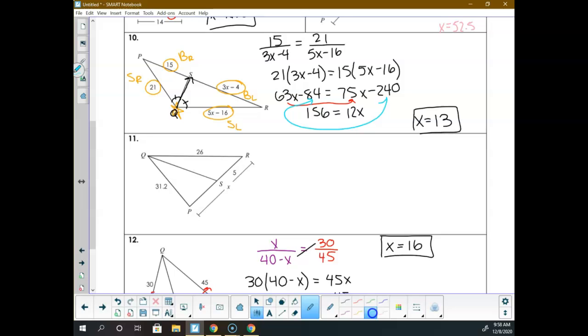If you did it the opposite way, you should have had negative 12x equals negative 156, and that still would have been okay, because negative divided by a negative is still just a positive.